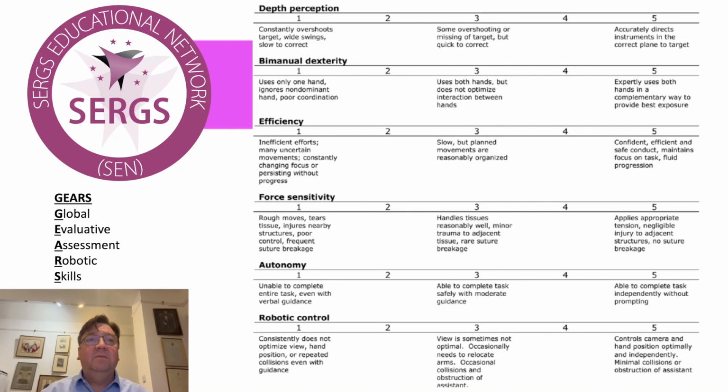Autonomy, ranging from being unable to do anything without verbal guidance to being able to manage it completely on your own. And robotic control, ranging from consistently not optimizing a view, hand position in the wrong place and repeated collisions, to the opposite at the other end.